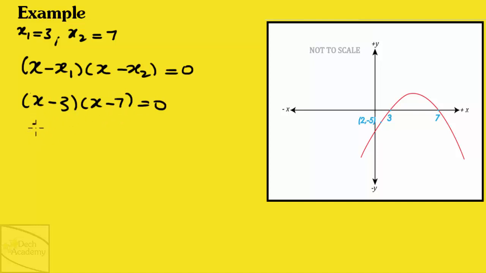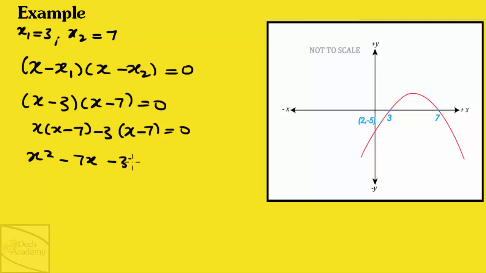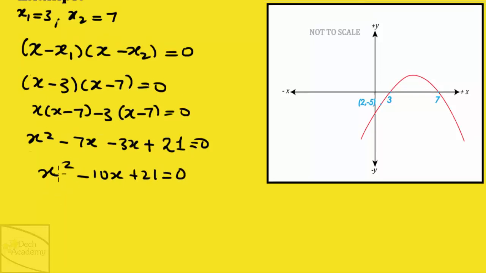So x minus 7 times x minus 3 gives x squared minus 7x minus 3x plus 3 times 7, which is 21, equals 0. Simplifying this gives x squared minus 10x plus 21 equals 0. So an equation which has the roots 3 and 7 is the equation y equals x squared minus 10x plus 21.